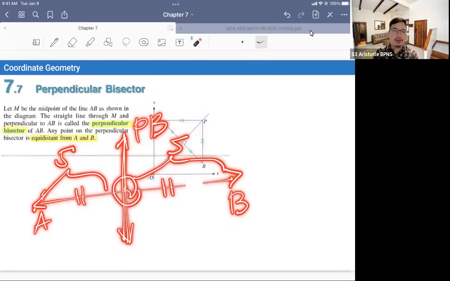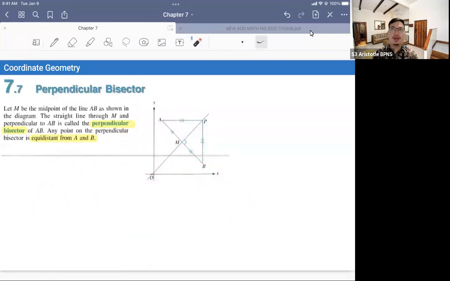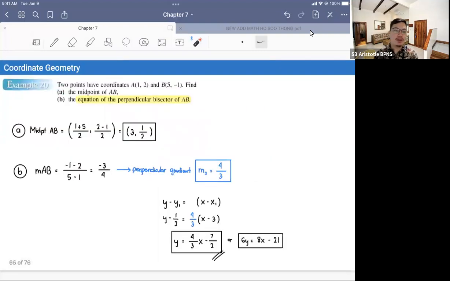So what do you think we should find first, if we're looking for where the middle is? What are we supposed to do now, if we're looking for the equation of the perpendicular bisector? I have here example 20 to explain that or to apply the concept.